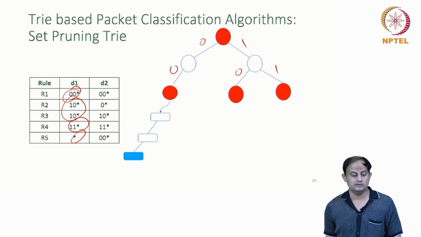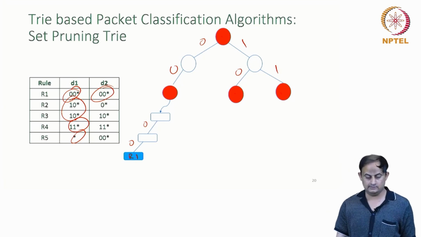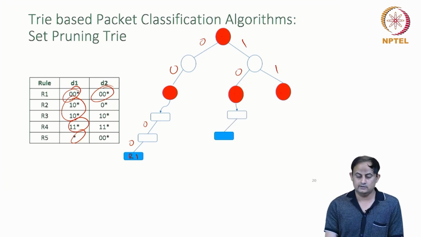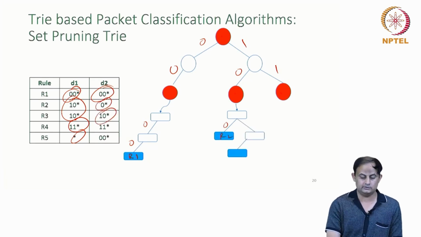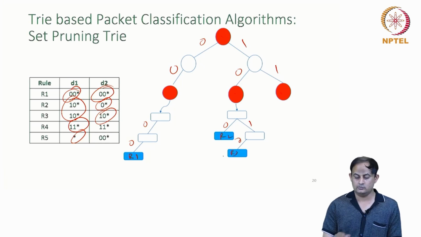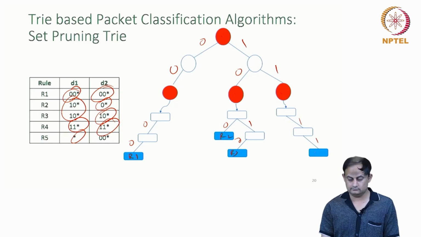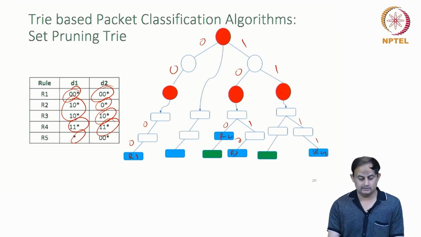Now as usual, let's go here. So 00 star is another possibility, 10 and 0, and this is the node which corresponds to rule number R1, and with that R1 I continued. 10 star is there, I came here, and then with the 0, this is rule number R2. 10 star is 1 followed by 0, this is the node corresponding to rule number R3, and again 1 1 star, and then this is the node which corresponds to rule number R4.